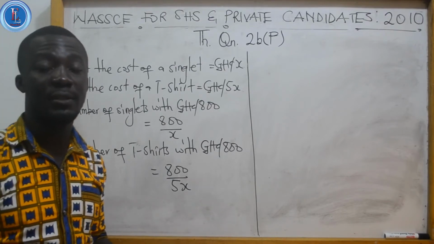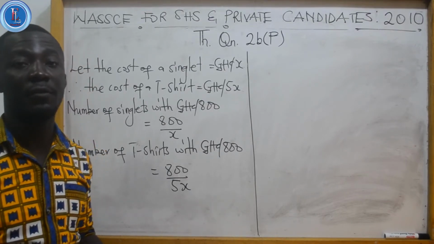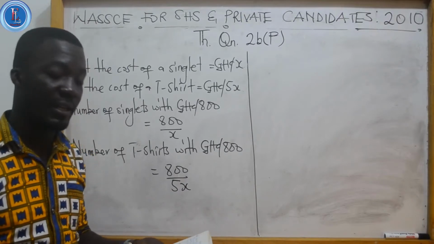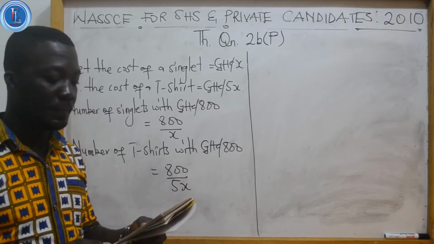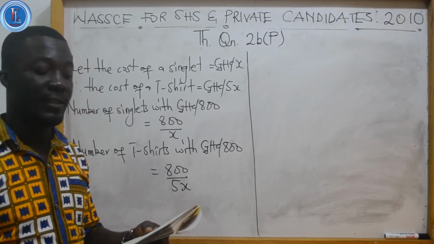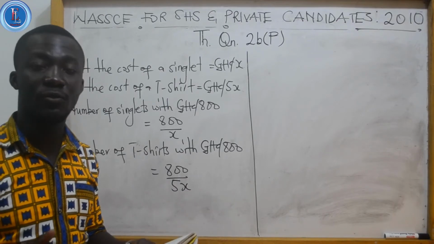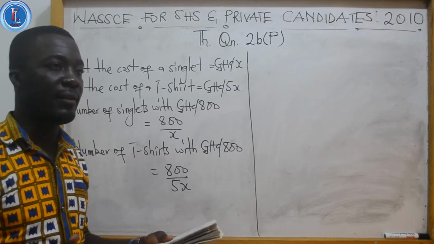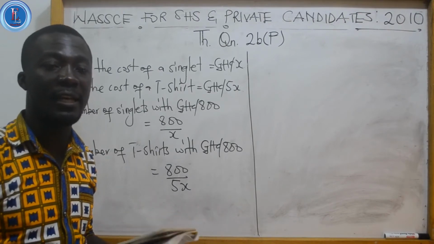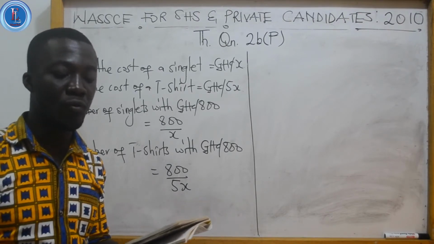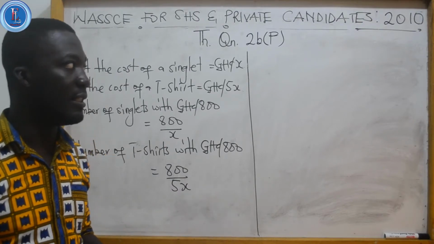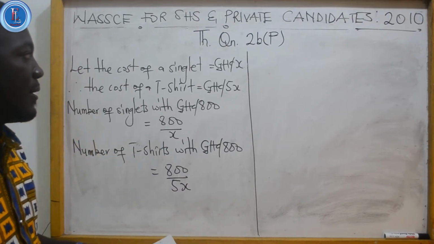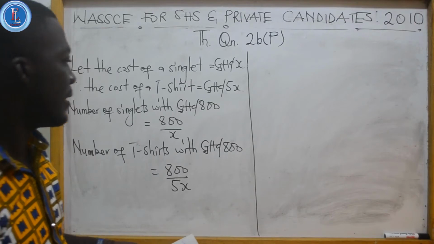In maths, when we say more, we are talking of adding to something. So for 800 Ghana cedis, a trader can buy 32 more than t-shirts. Of course, there is singlet there, but if you want to see it clearly, you can say 32 more than t-shirt.